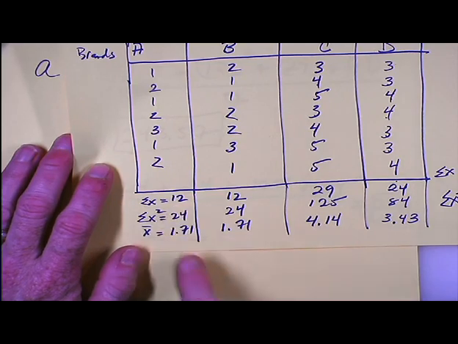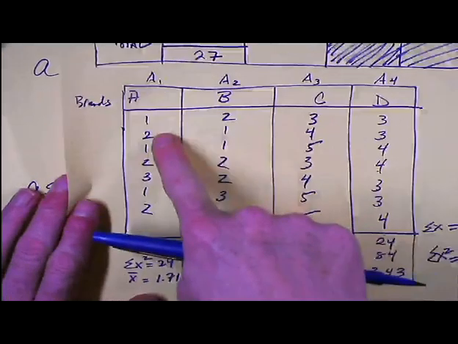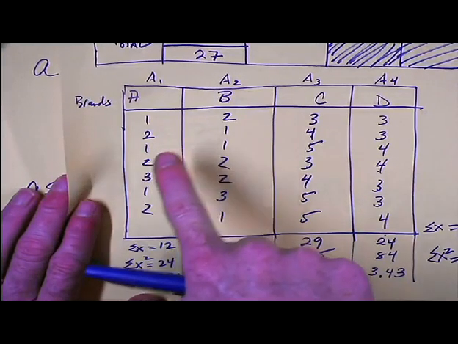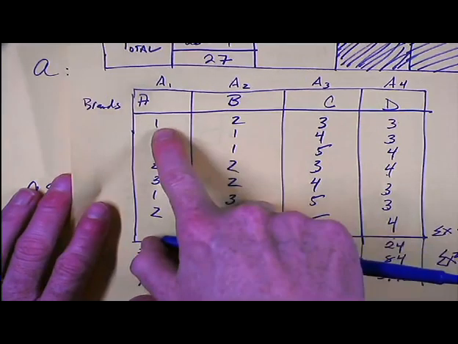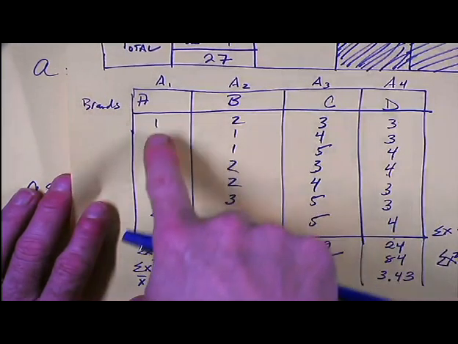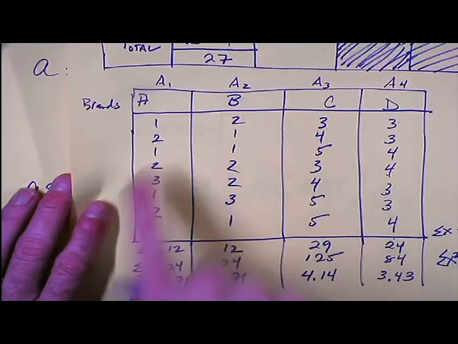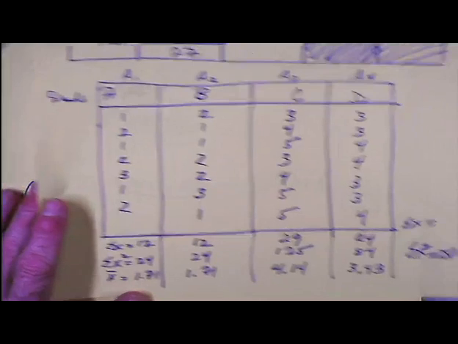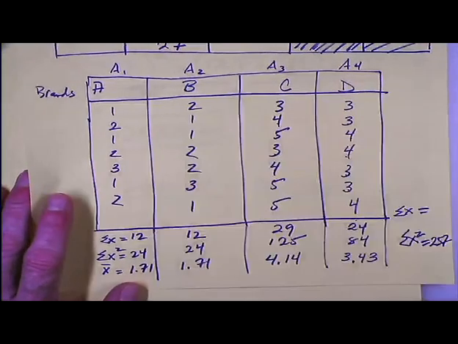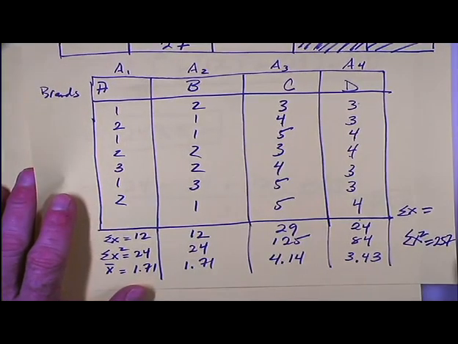But really what this 24 is, is 1 squared plus 2 squared plus 1 squared plus 2 squared plus 3 squared plus 1 squared plus 2 squared. And what does it take to get 1 there? 1. This is one animal, one animal, one animal. So if you did it all the way, it would just be divided by 1, each item.